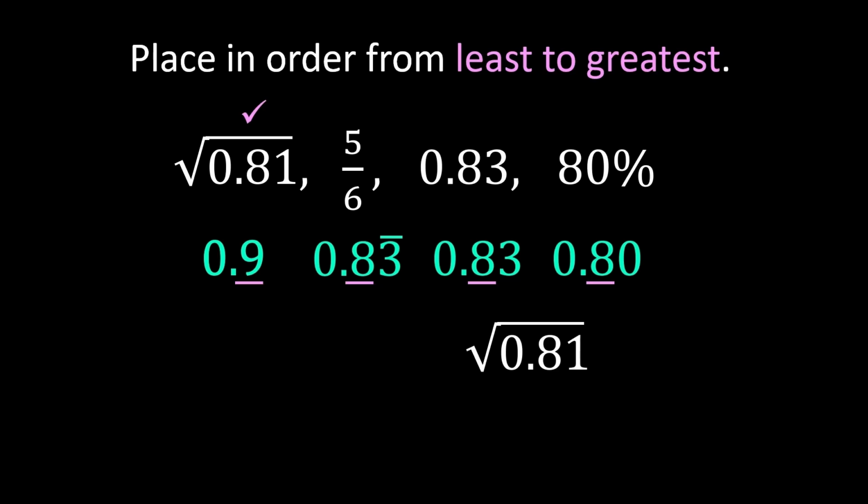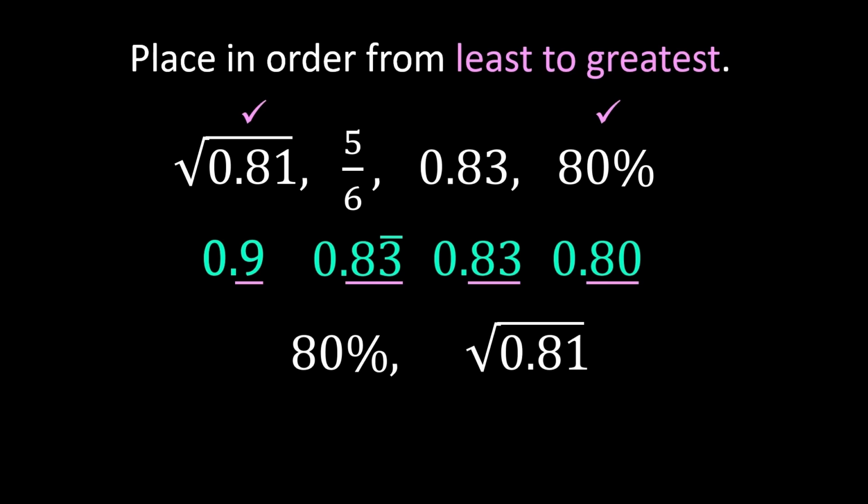Next, we need to consider the digits in the hundredths place, as all the remaining values had eights in the tenths place. 80 hundredths is the least value, so it will need to be first in the solution. 80 hundredths is equivalent to 80%, and we can put a check over the 80% to show that we've used it.